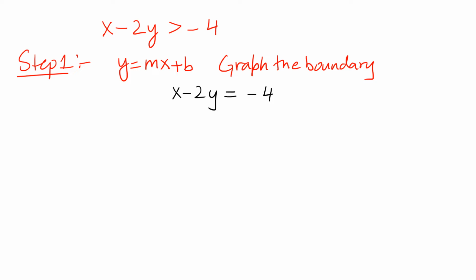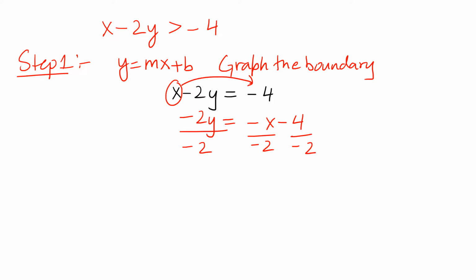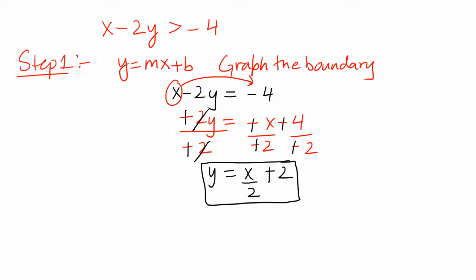So we are going to move this x on the other side. Minus 2y is equal to minus x minus 4. Divide by minus 2. So when I do that, the sign changes throughout. It becomes positive everywhere. So 2 and 2 cancel. So y is equal to x by 2 plus 2. So this is your slope-intercept form.